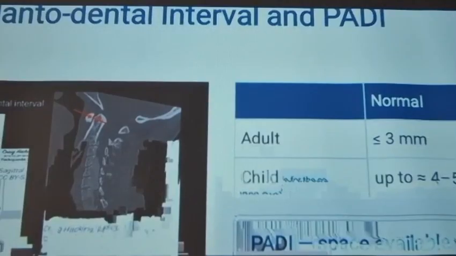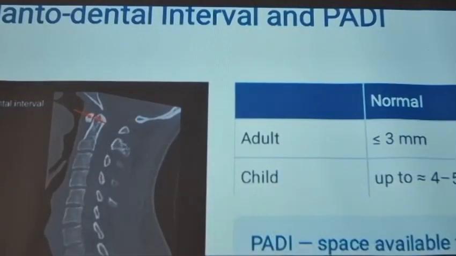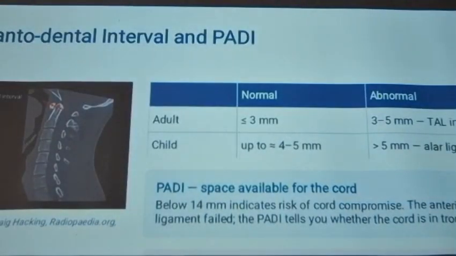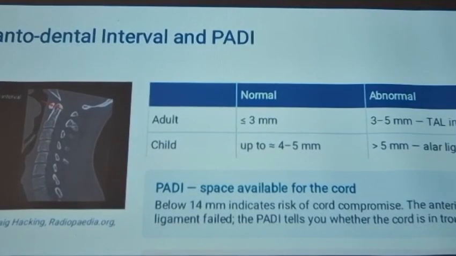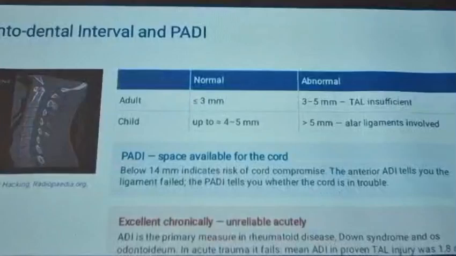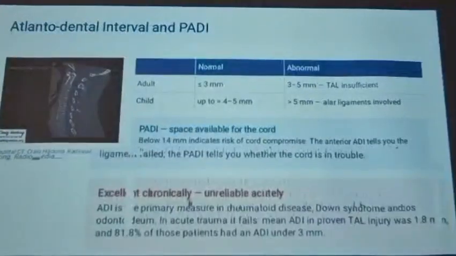As we can see in the picture, the distance between the anterior arch and the dens is called the atlantodental interval. Usually in adults the distance is less than 3 mm, and when it is less than 3 mm we can say that the transverse atlantal ligament is intact. If it is greater than 3 to 5 mm, then we should be highly suspicious of transverse atlantal ligament injury.